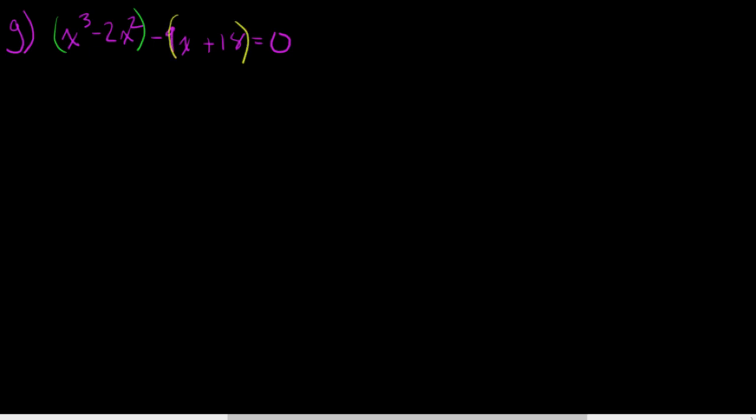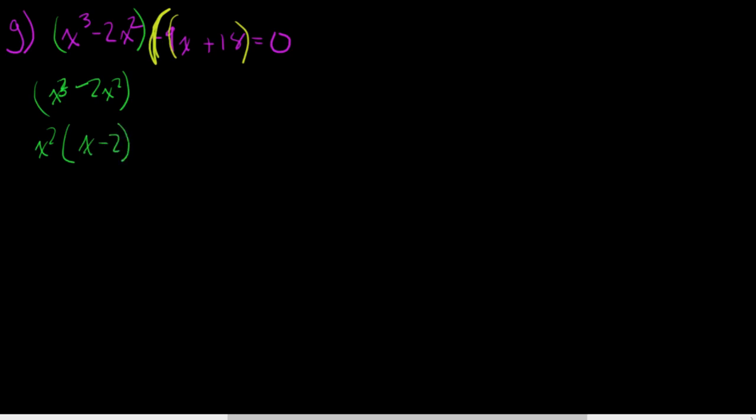Oops, that needs to go around that negative 9, excuse me. So with this first one, I have x cubed minus 2x squared. I can pull out an x squared, so I get x squared, parentheses x minus 2.